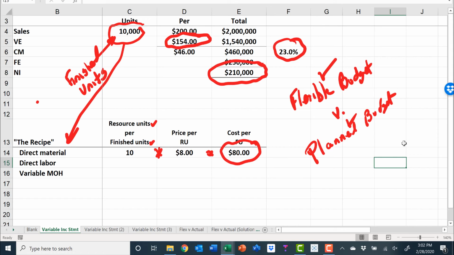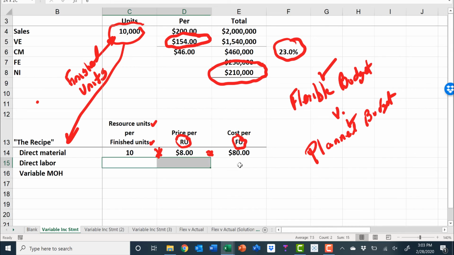Now it's important that you distinguish between resource units and finished units, and don't get mad at me for the abbreviations. Okay, so resource units per finished unit, RU, and then the price per resource unit, then overall the cost for a finished unit. Okay, so make sure you keep those things straight.